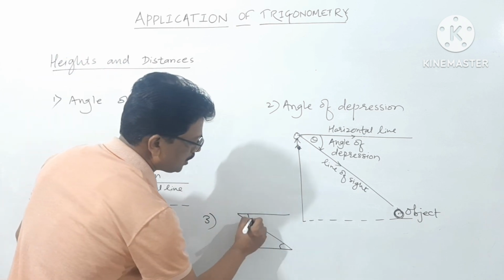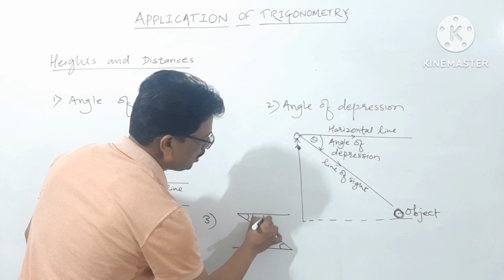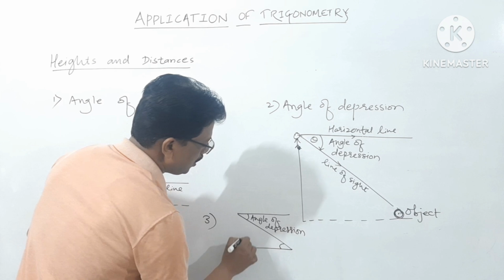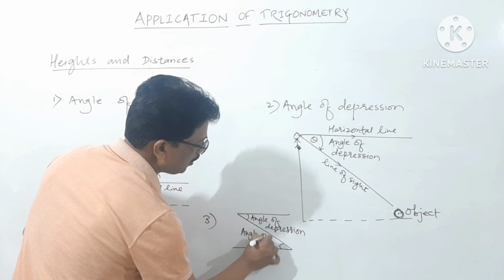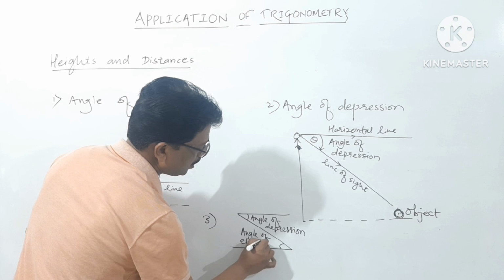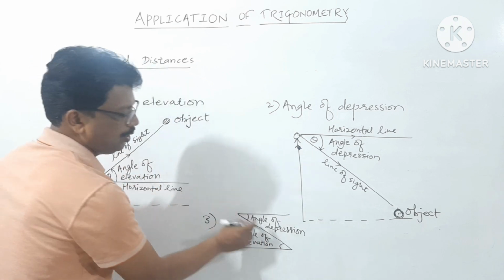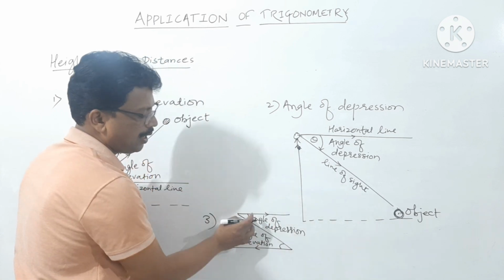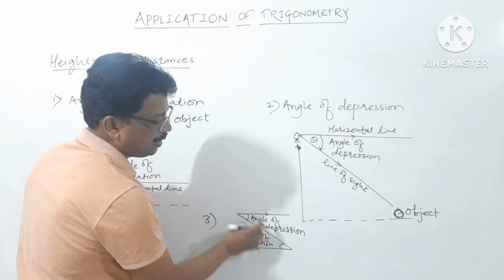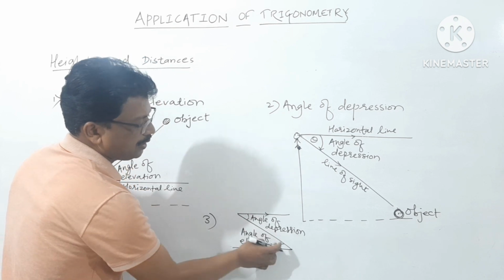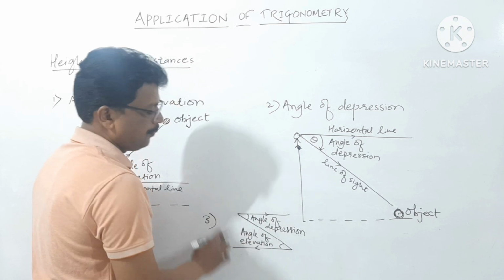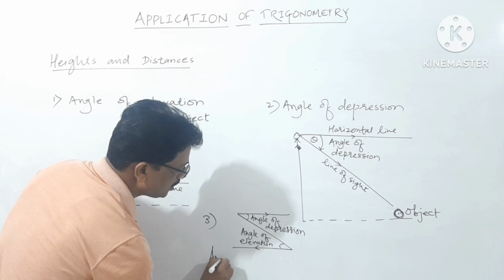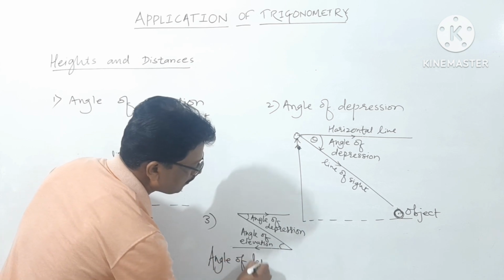The angle of depression and the angle of elevation are equal, because these lines are parallel and the angles made between them are alternate angles, which are equal.